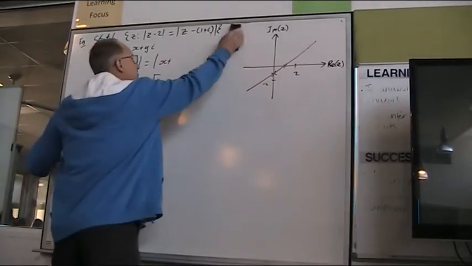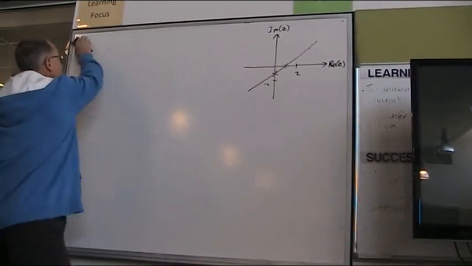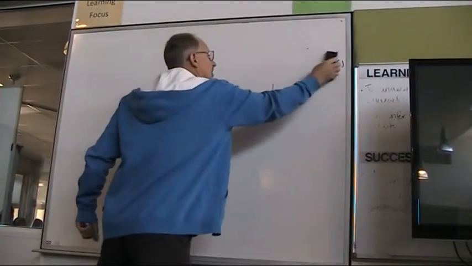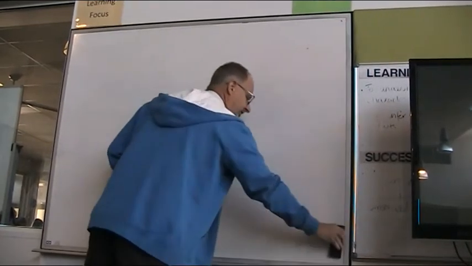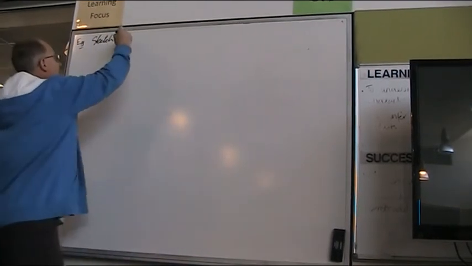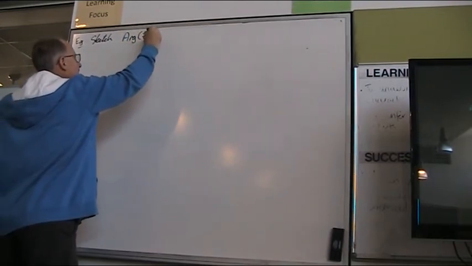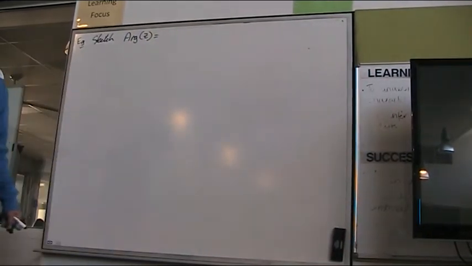So we can draw things that are called rays. So here we go. Example here. Sketch Arg z equals pi on 3.